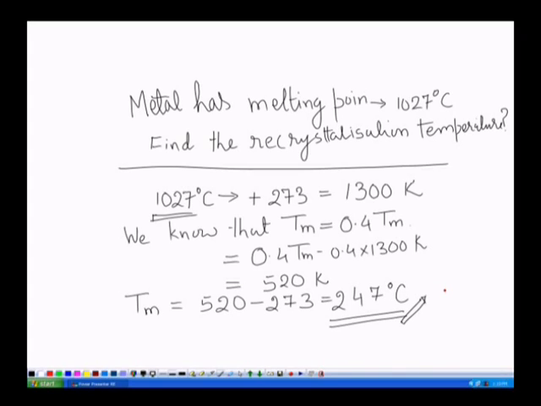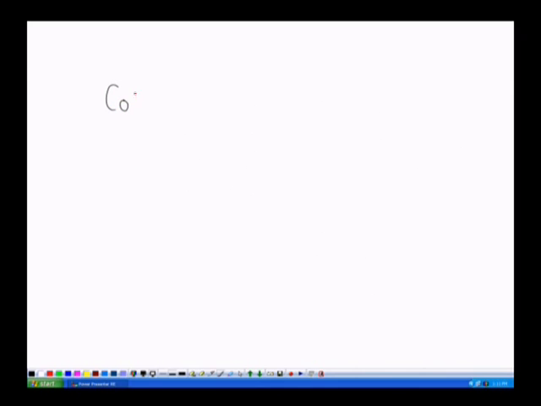Now, we will discuss the benefits of cold working and hot working. In cold working, what are the advantages? We will discuss those. The first advantage is that we are taking cold working.